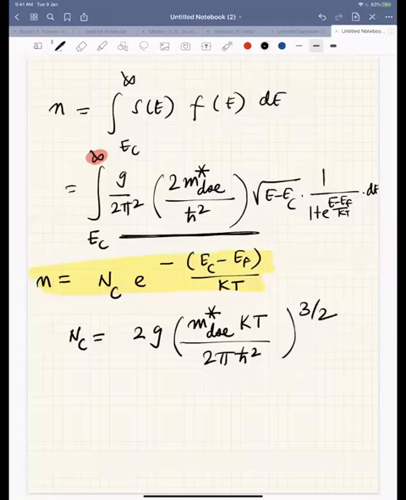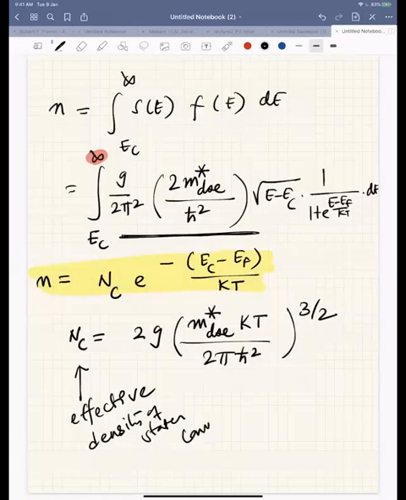So this is called the effective density of states, the effective density of states in the conduction band, right?